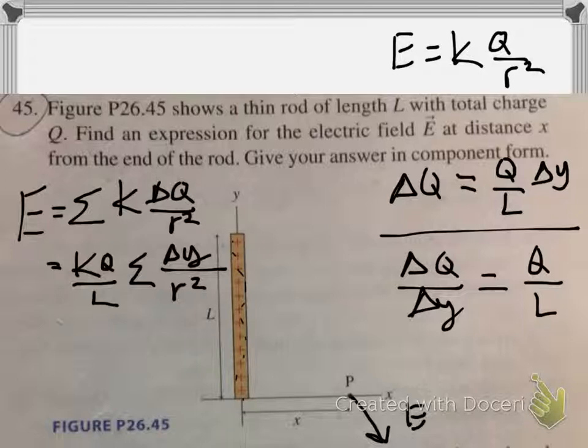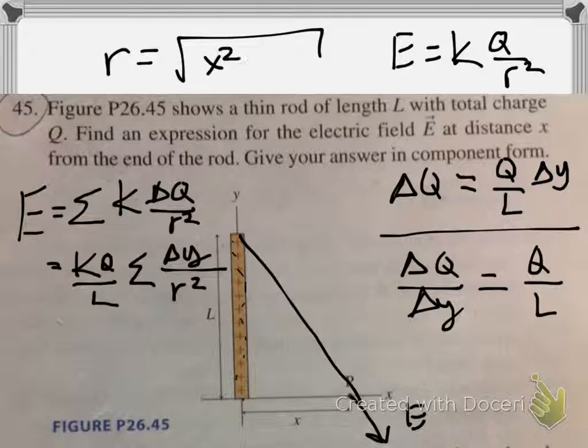Now, is everybody okay with the fact that R is going to equal the square root of x squared plus y squared? Everyone cool with that?